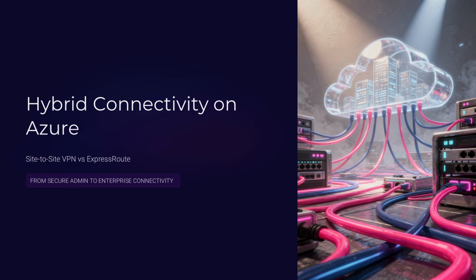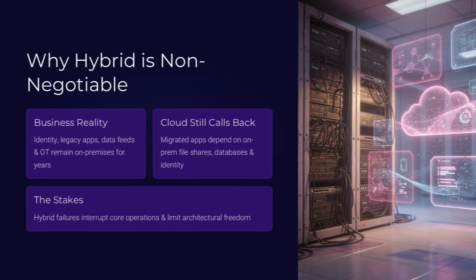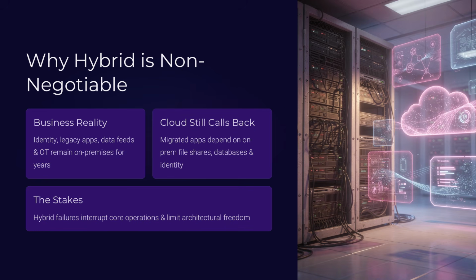Hybrid connectivity is not just getting connectivity working, it is how you protect business continuity when cloud workloads still depend on on-premises systems, how you manage risk at the boundary, and how you avoid creating fragile network paths that become your next outage. Your hybrid design becomes a long-term contract between cloud and legacy, so you want that contract to be intentional.